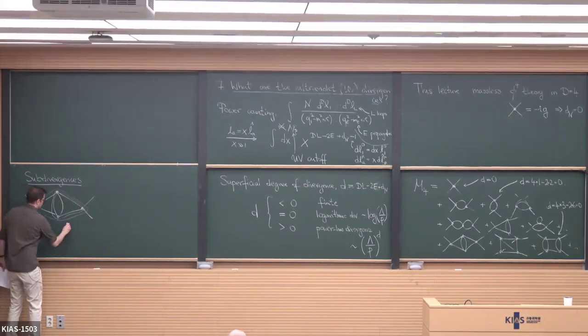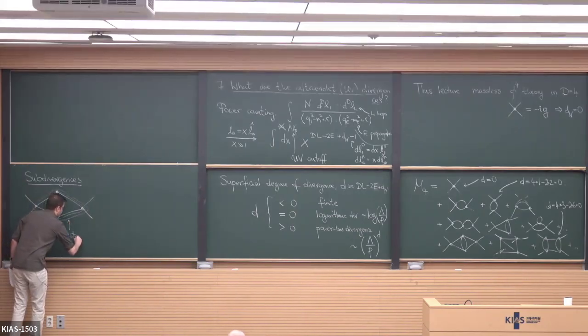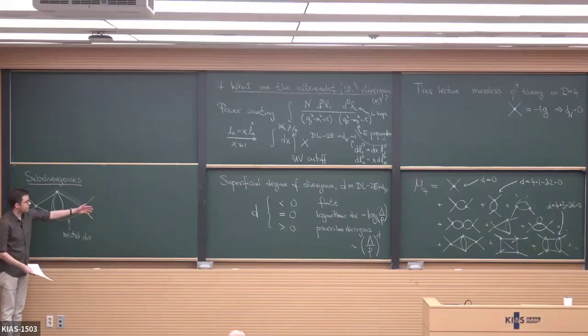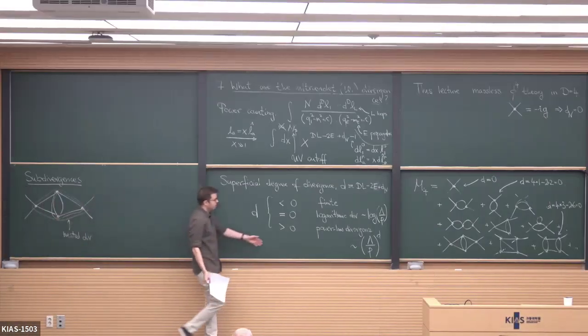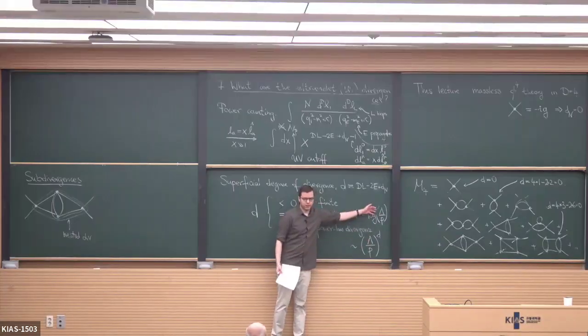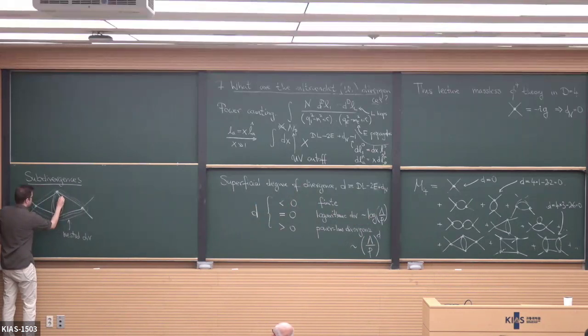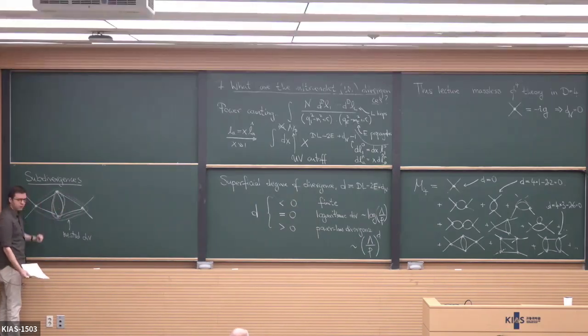So this is the idea of nested divergences. Nested divergence means that the corresponding log or power law is going to multiply each other. Of course, we can keep nesting. We can nest this one inside of the 2 loop and inside of the 3 loop.